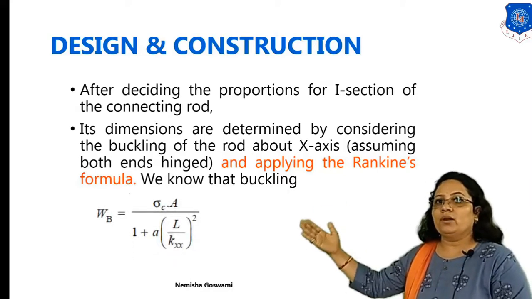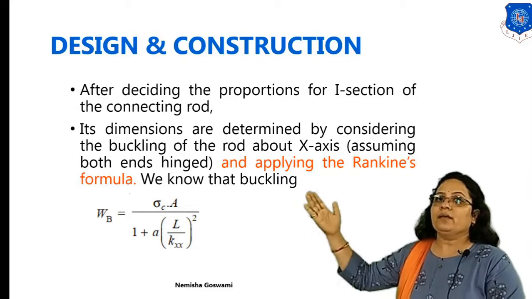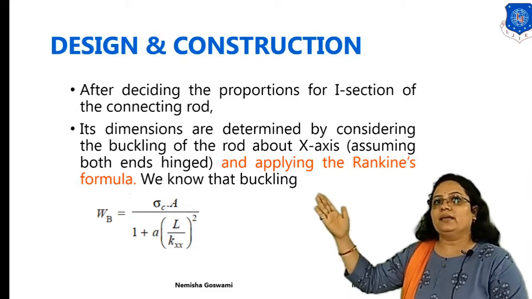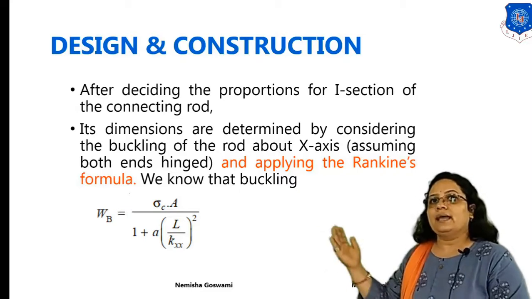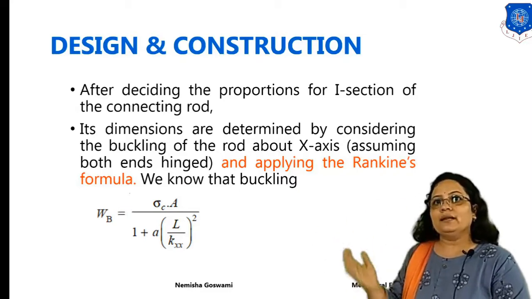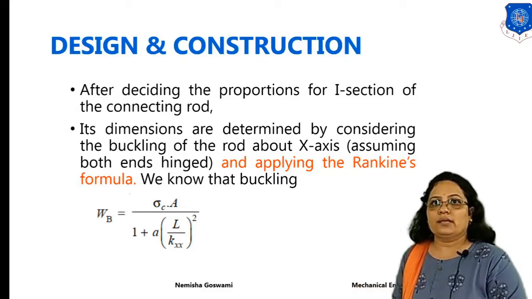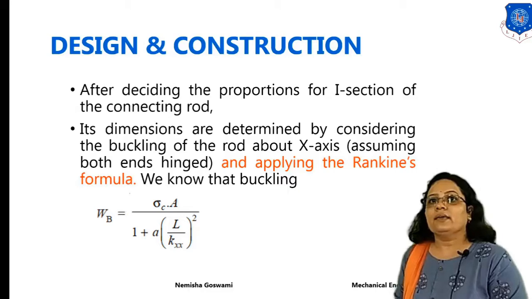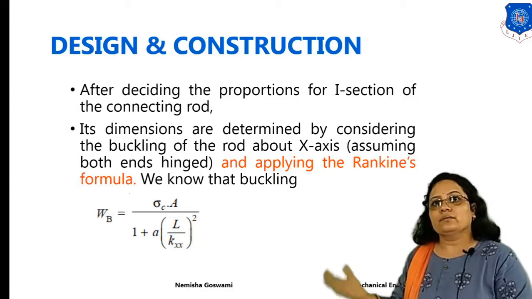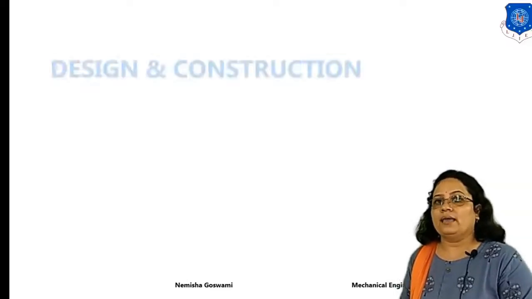In the Rankine formula, buckling load is equal to sigma c into A divided by 1 plus a into (L by K) squared, where capital A is the area, small a is a constant, capital L is the equivalent length, and K is the radius of gyration. We are considering the x-axis, so we have to consider Kxx. Similarly, we will find out Iyy.